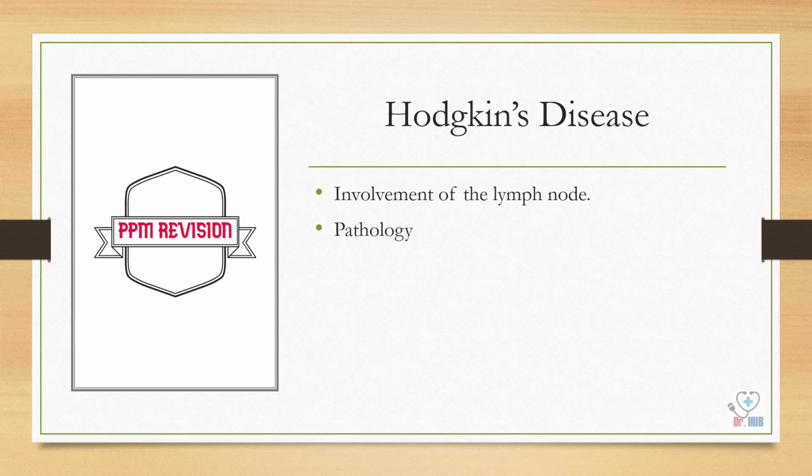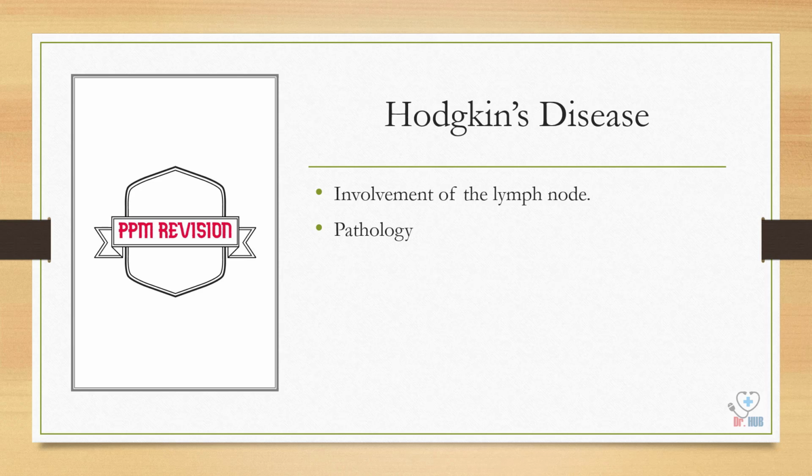And the mixed cellular type basically forms the intermediate between the lymphocyte predominance and the lymphocyte depletion type. And the lymphocyte predominance type also has a very excellent prognosis.